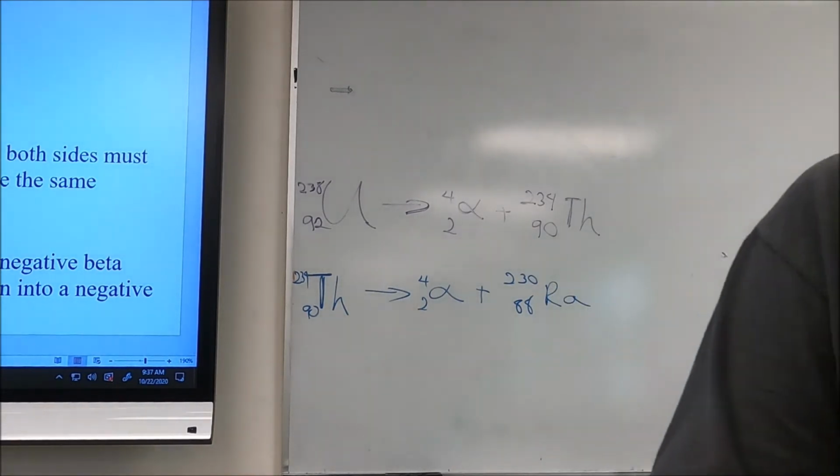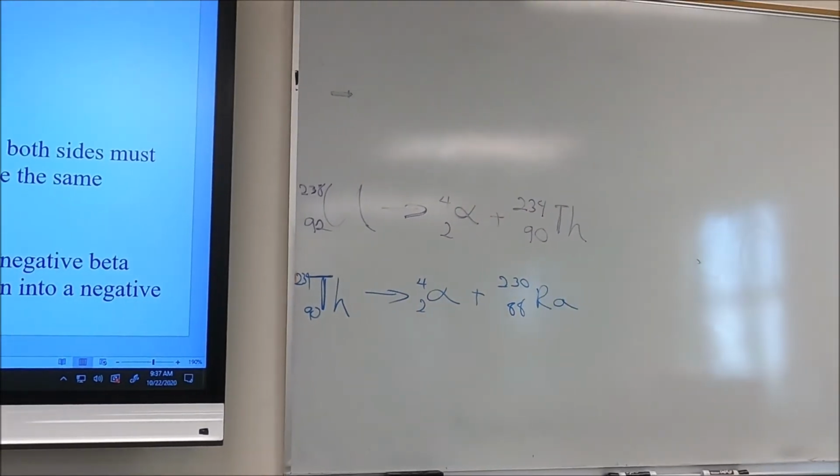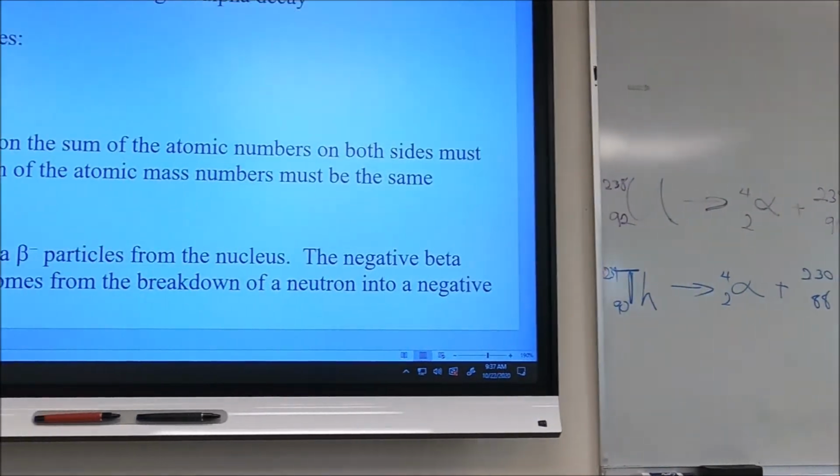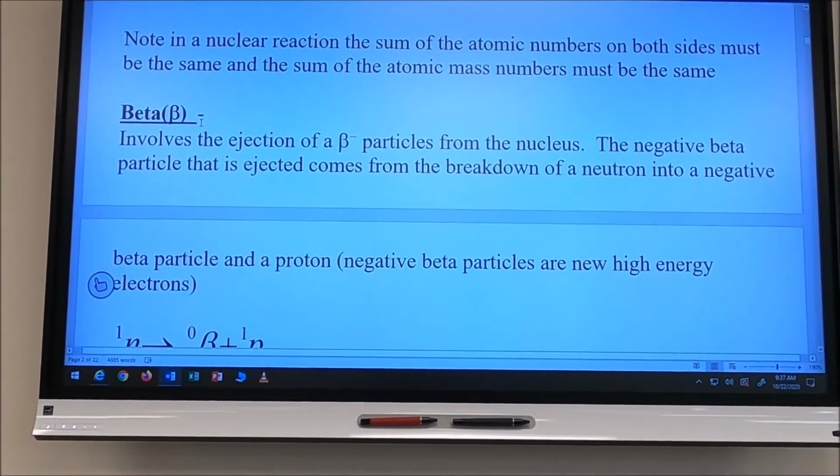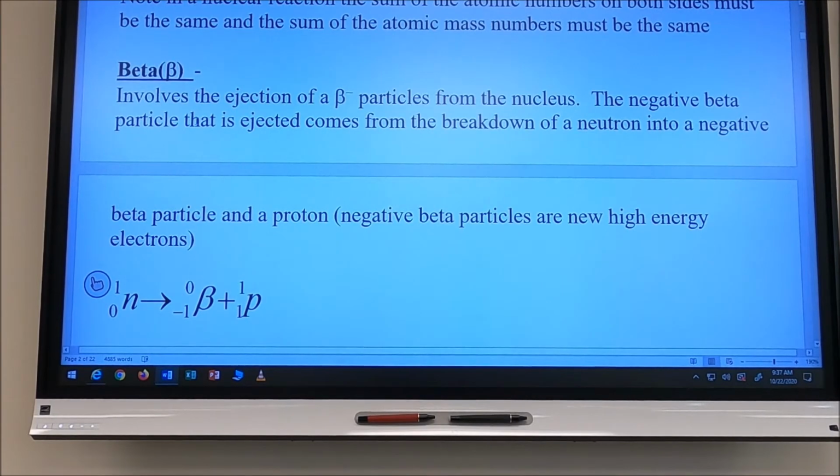Now, let's move on to our next type of decay, which is called beta decay. Beta decay involves the ejection of a beta particle from the nucleus.